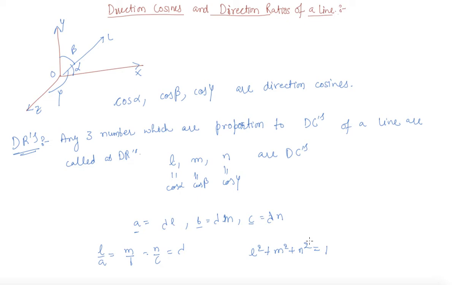Now let's discuss the relation between the direction cosines of a line. So l square plus m square plus n square is always 1.